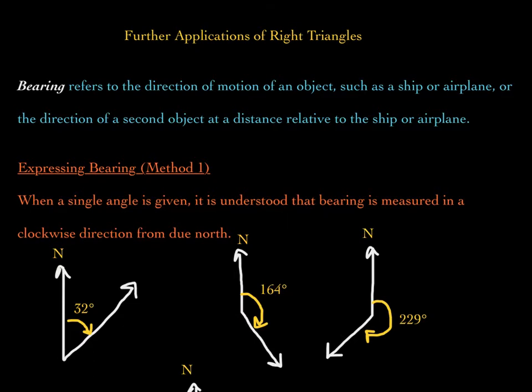Here are some sketches to help us understand some diagrams. This would be 32 degrees due north here. So notice that this is opening clockwise. This is due north right up here, right? And so from due north, opening clockwise, this would be 32 degrees, a bearing of 32 degrees.